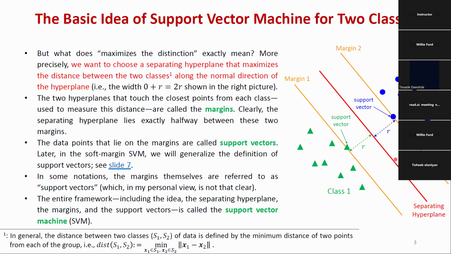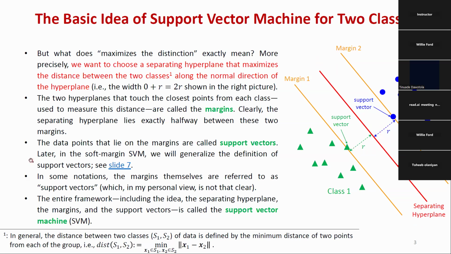And because this separating hyperplane is in the middle, if the distance from this line to this point is r, then this must be r as well. Why? Because it's mirrored, it's symmetric, it's in the middle. In other words, I want to find a separating hyperplane such that these two r are maximized.